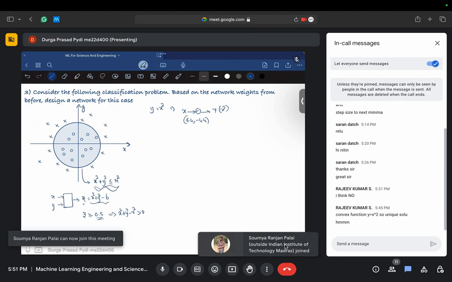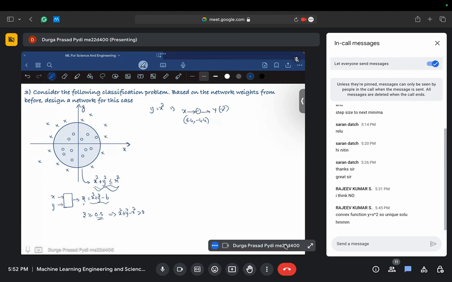what I wanted to do is to map this relation x square plus y square minus r square equal to 0. So how would I design my architecture? I will take in x as my input. I will pass it through one layer with the weights 6.4 and minus 4.4. I will pass in y also as another input, and use the same weights.